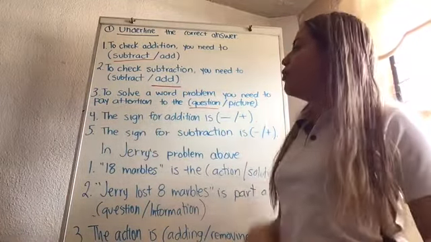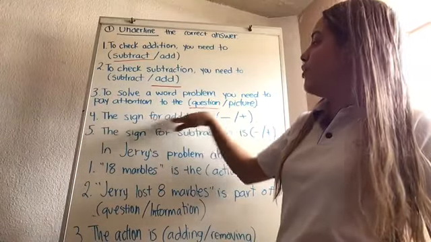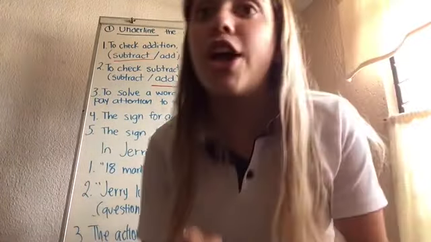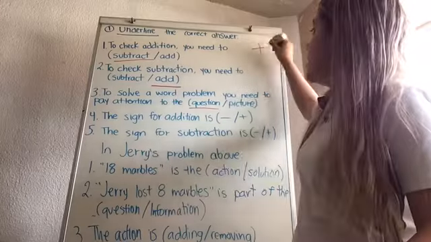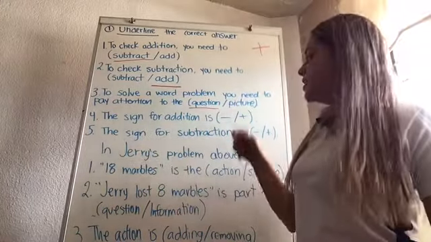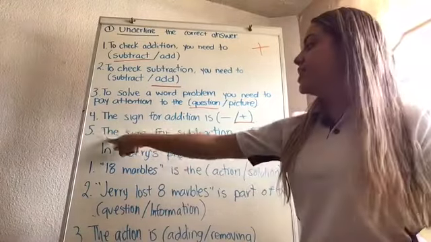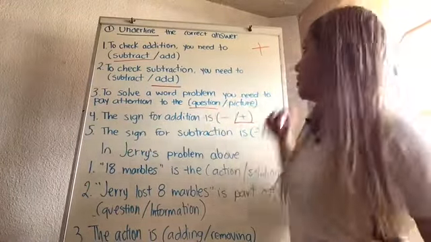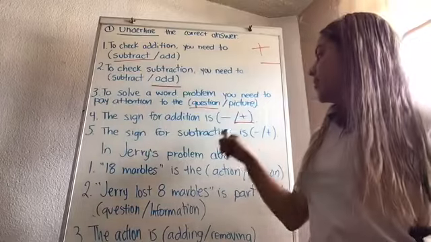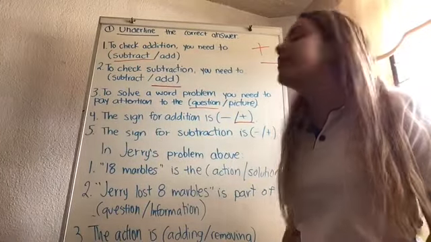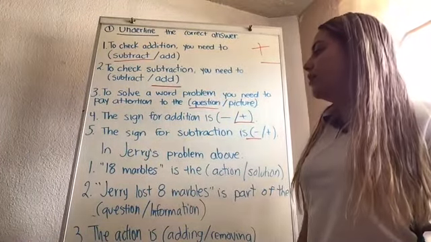Very good. Number 4. The sign for addition is, remember, addition is plus. So, which one is it? Very good. This one. Number 5. The sign of subtraction, remember, is which one? Very good. This one.